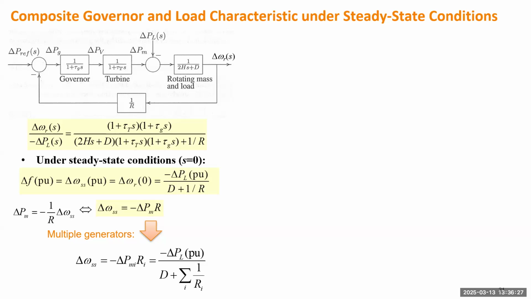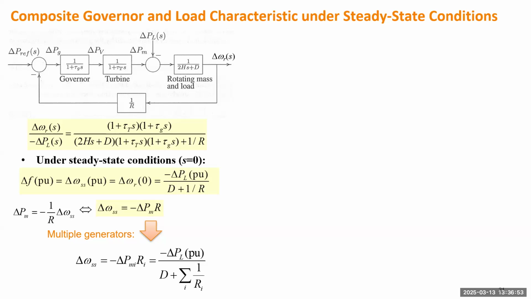It's equal to the negative load change divided by this factor, which depends on the D, the overall frequency dependency of the load. And this is like a total regulation of all the generators. So that's interesting. That will create this equation. The left-hand side only depends on each unit. The right-hand side depends on all the units.